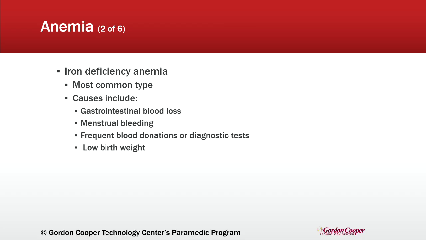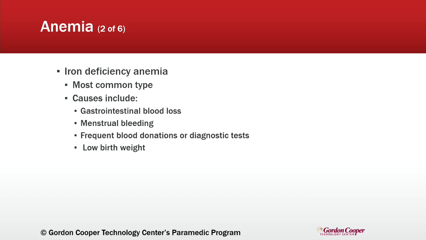As the name implies, iron deficiency anemia has to do with a deficiency of iron. When the body destroys red blood cells or recycles the contents of red blood cells through the normal process of breaking them down in the liver or the spleen, they recycle a lot of that iron that was used in the original red blood cell, and it's reused in other red blood cells.